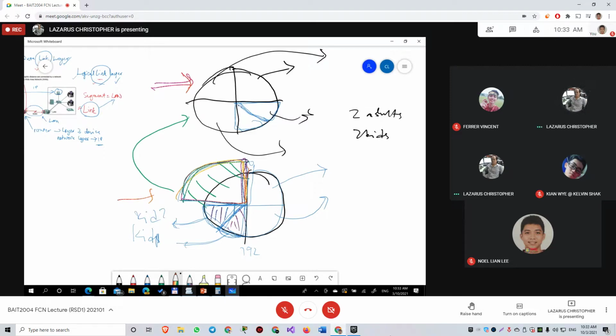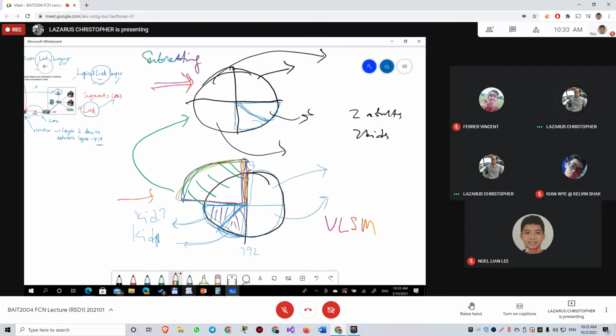So this is the subnetting. Here is what we talk about as VLSM. We subnet, then we pick one of the subnets, then we subnet that again. Okay, and there's no limitation saying we can only pick one subnet to subnet again.